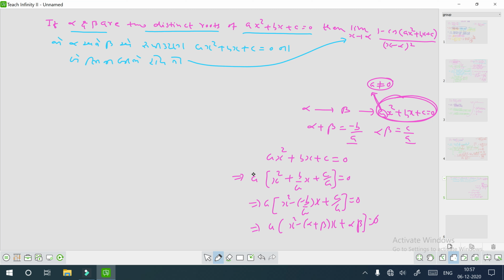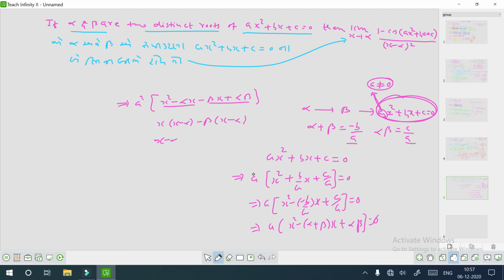Yes. That is equal to, can I write a of, simplify it, x square minus alpha x minus beta x plus alpha beta. Now take x common from this one, take beta common from this one. If I take x common, then x minus alpha. If I take beta common, then x minus alpha.